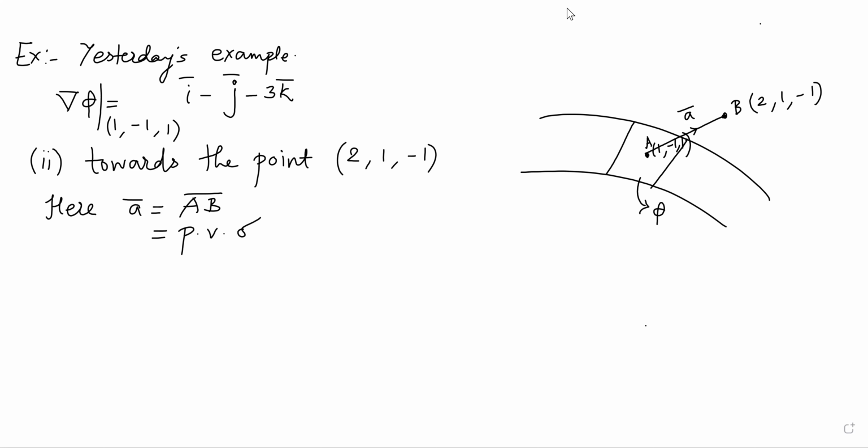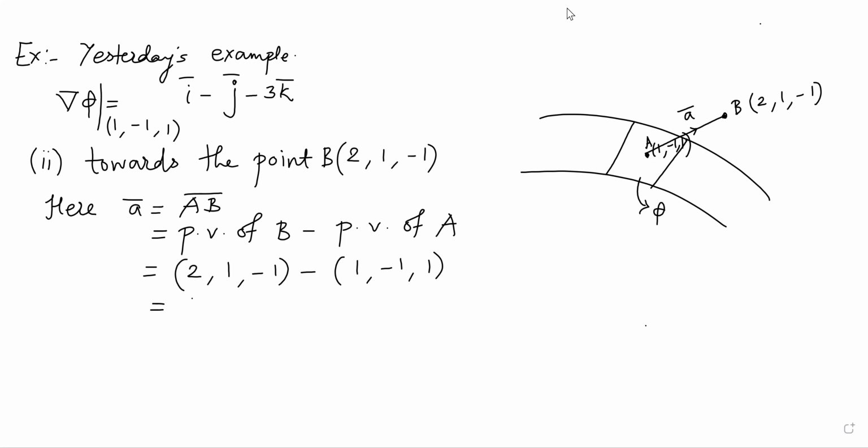It is the position vector of B minus the position vector of A, correct? So B is (2, 1, -1) minus the point (1, -1, 1). So we get 2 minus 1 is 1, this is 2, and this is minus 2. Therefore, a bar is i bar plus 2j bar minus 2k bar.